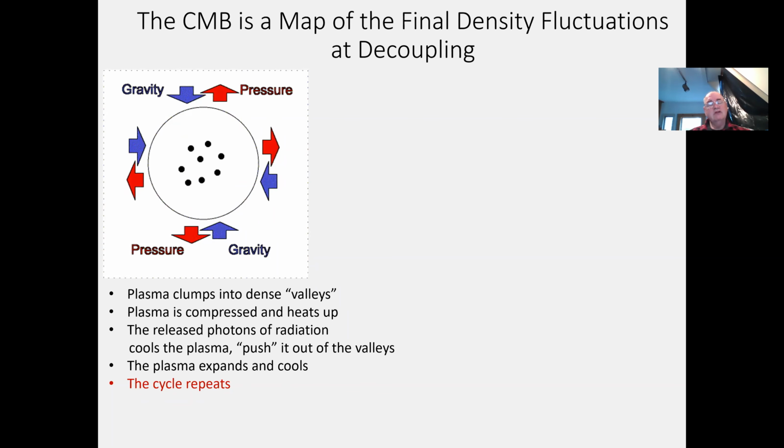When the photons get released, that essentially cools the matter down, and it allows it to expand. It doesn't expand very far because then gravity will pull it back in. And there is basically a pressure wave being created around these hotspots, okay, of contraction, compression, rarefaction.